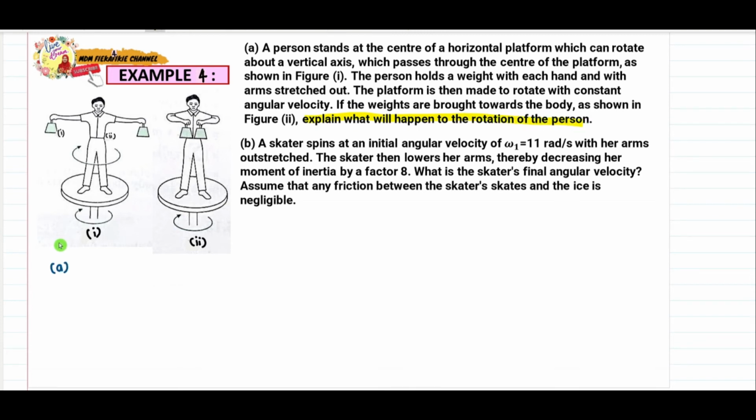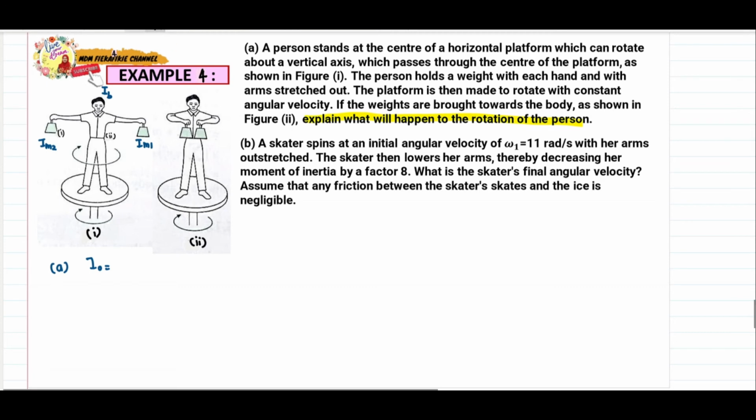As we have discussed before, in this case, consider the initial moment of inertia. Here we have the moment of inertia for the boy, the moment of inertia for the first mass, and the moment of inertia for the second mass.